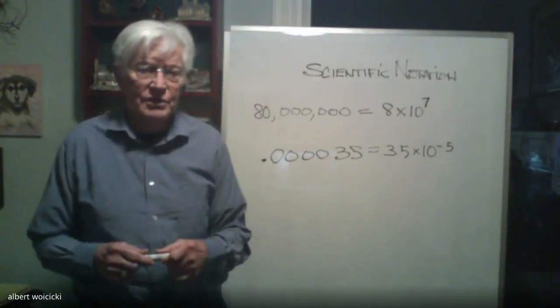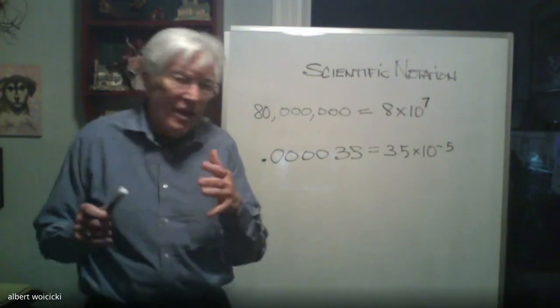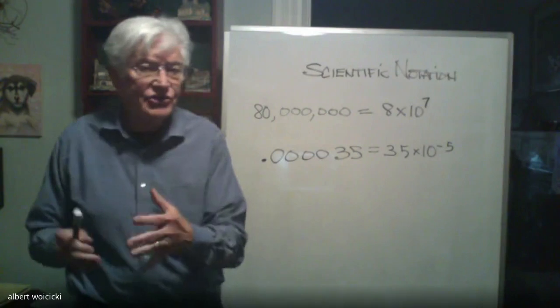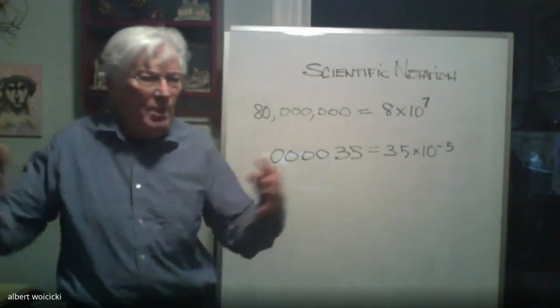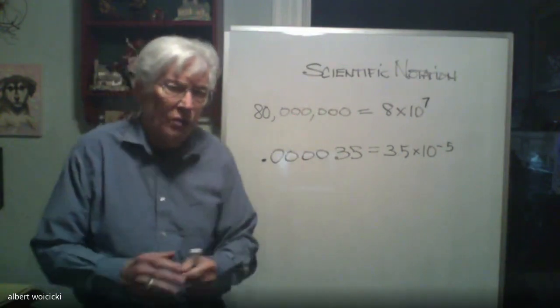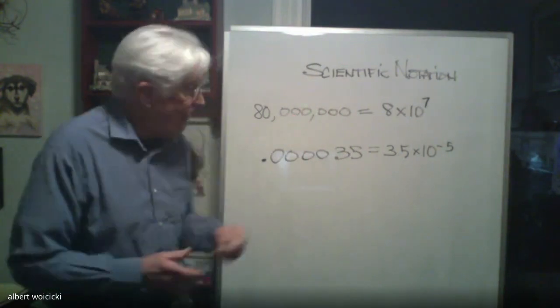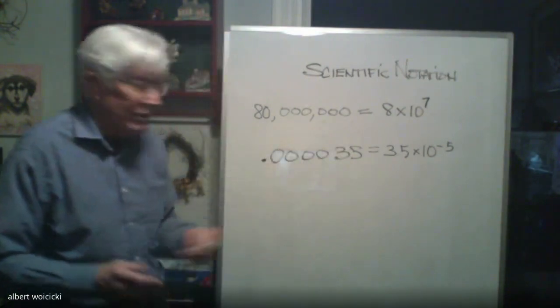Today, we're going to be talking about scientific notation. What's this all about? Well, scientists are always dealing with big numbers and very, very small numbers, and I have examples of both of these right here.